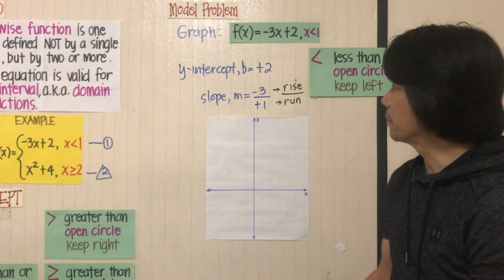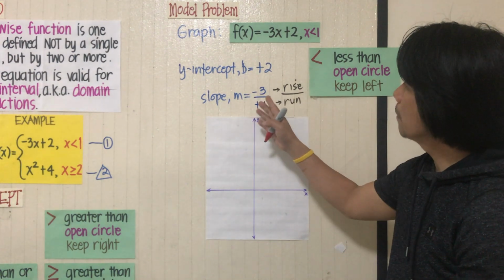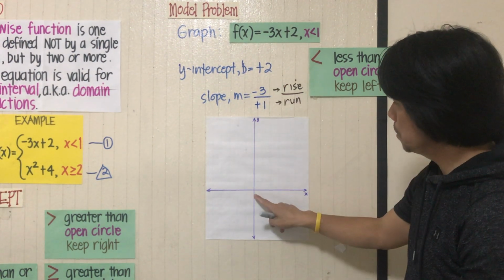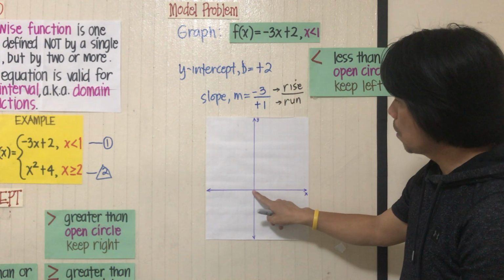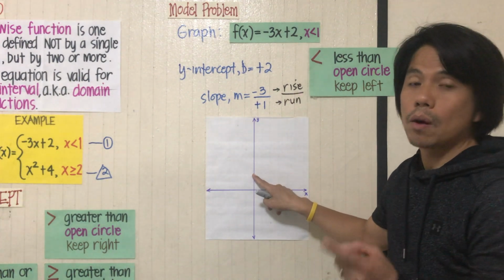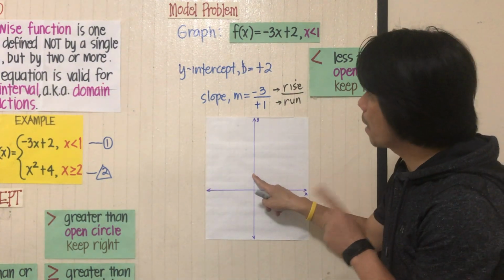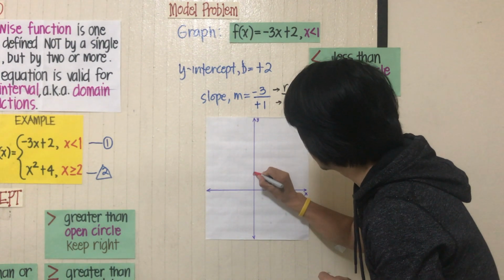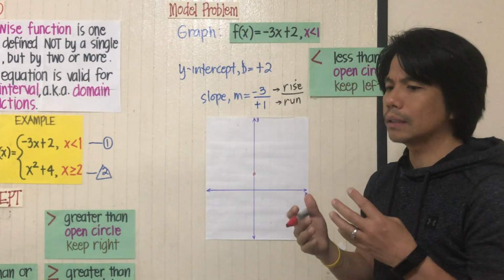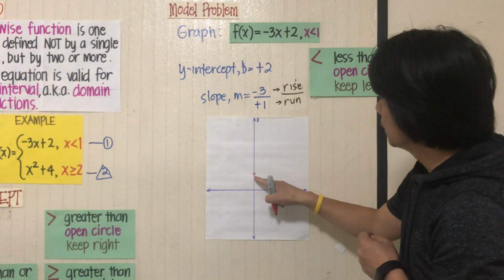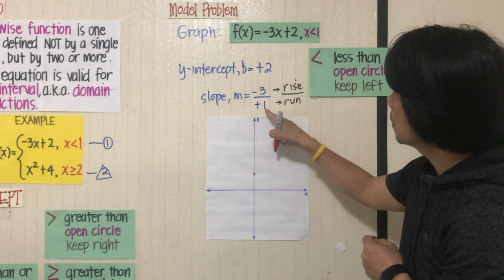Now let's graph. To graph this line, we need to start from the y-intercept, which is positive 2. If I'm at the origin, I go up 2 steps, 1, 2. And then I strongly suggest that when you're graphing, you use an open circle for now. But once you get the hang of it, you'll know what to do later on. Now, from here, we are going to apply the slope.